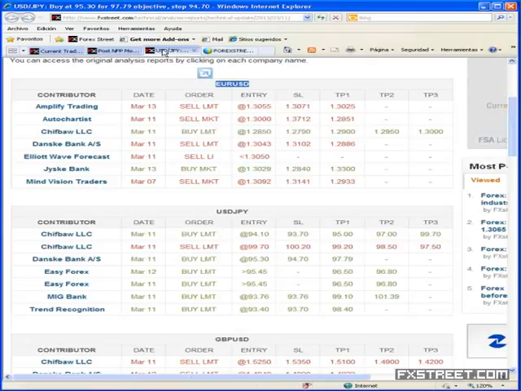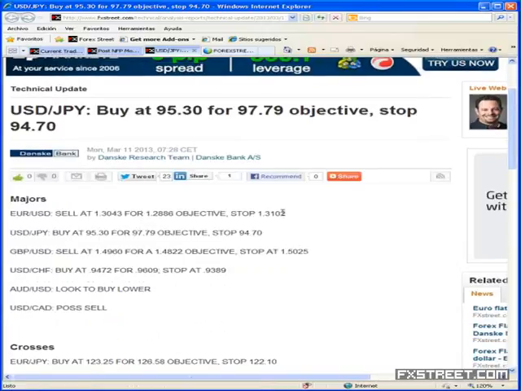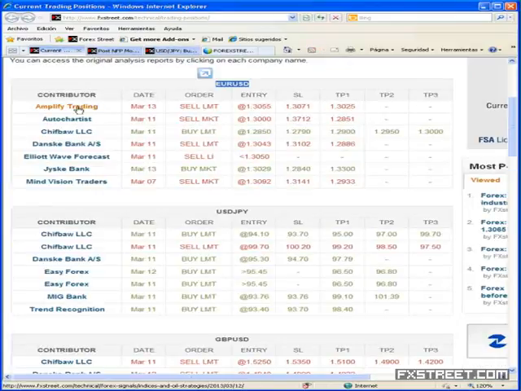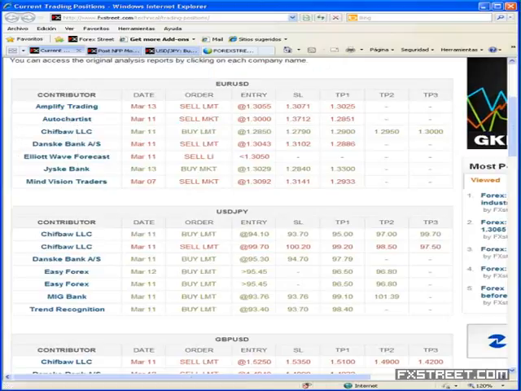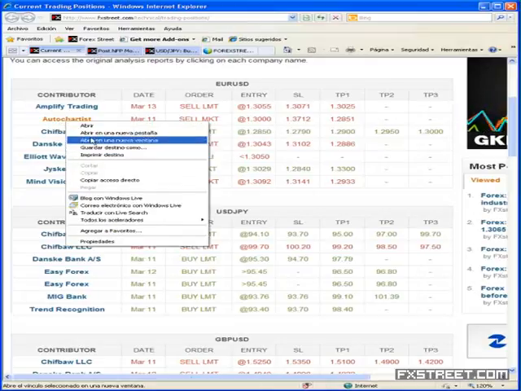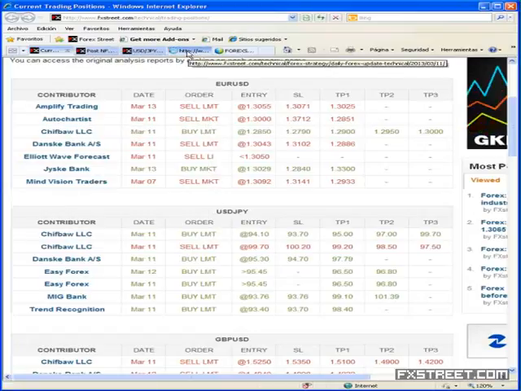Some of the reports are easier to read. For instance, there are reports like this one from Danske Bank. It's exclusively about positions. We see here the same information that we see on the table in a text format. While in others, let us check here if we have auto chartists, for example, contributing also with a position.